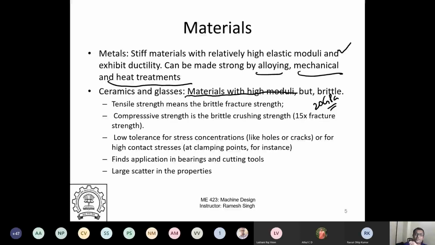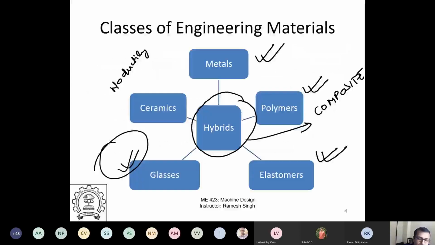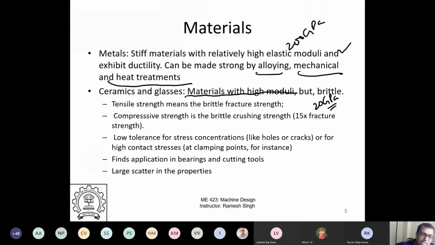If you compare, steel's modulus is about 200 GPa, and its strength will be maximum 400 MPa, and in some cases it can go up to 2 GPa. Very high rocket-grade steels can be 2 GPa or 3 GPa.